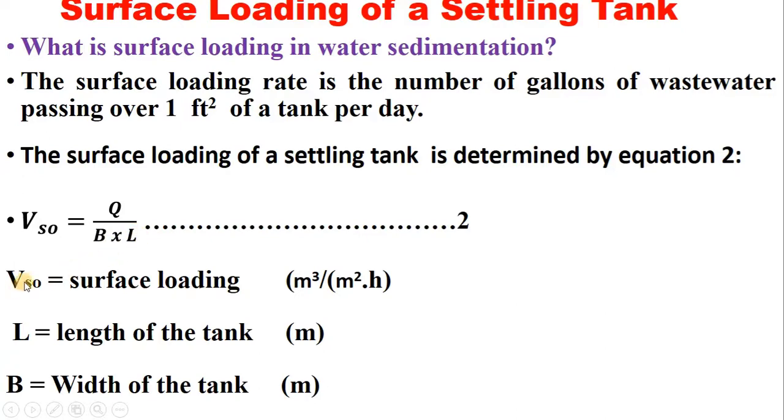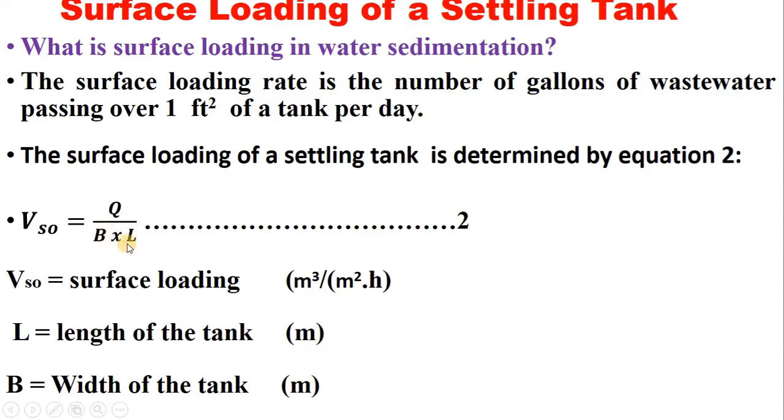So the surface loading velocity Vs naught is measured in meter cube per meter square per hour. Whereas the L, which is the length, is measured in meters. B, which is the width, is measured in meters as well.